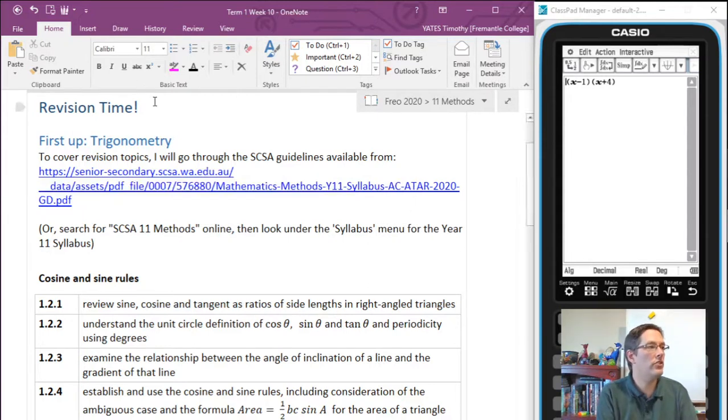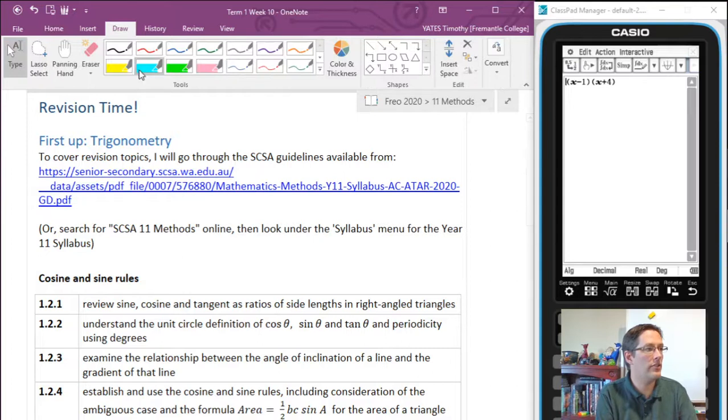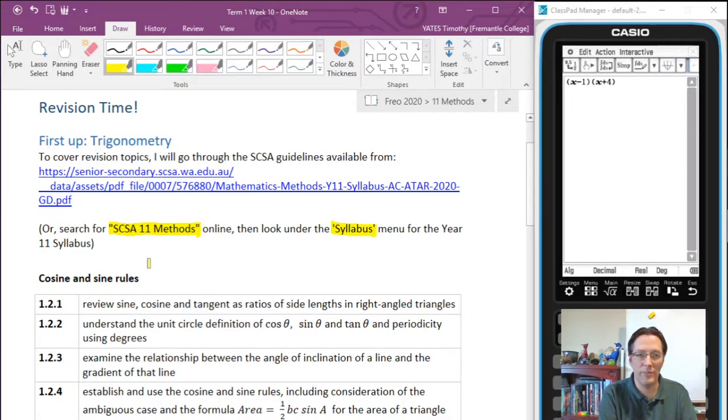Or if you wanted to get access to them just by searching online, search for SCSA 11 methods on the internet. Look under the syllabus menu and it'll give you the year 11 syllabus there. And that contains all the things you're expected to know, that you're expected to be able to demonstrate for the year 11 methods course.